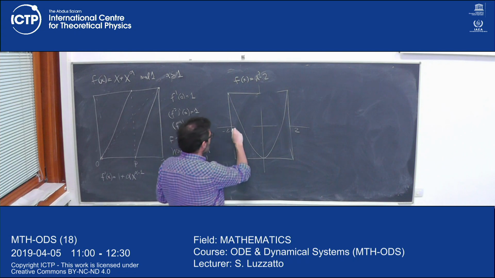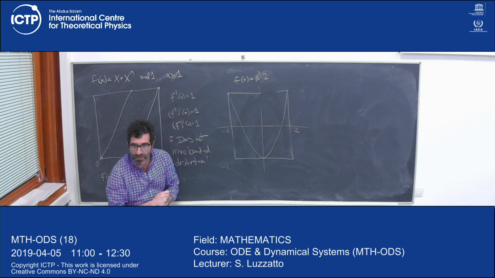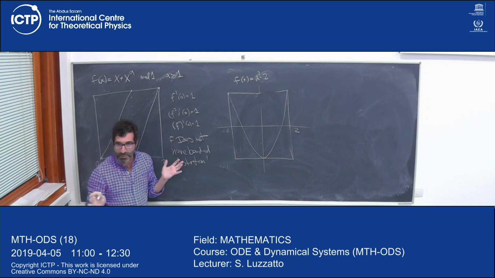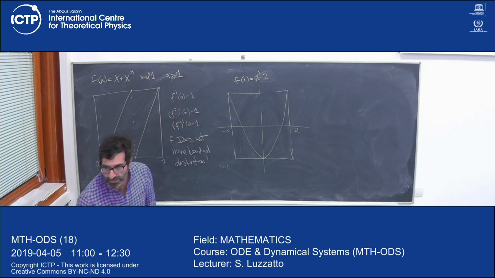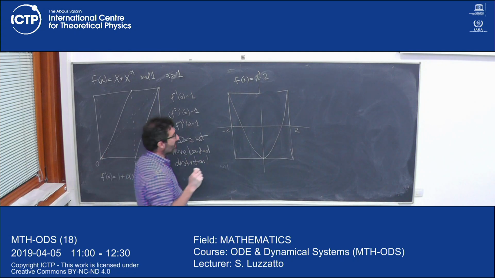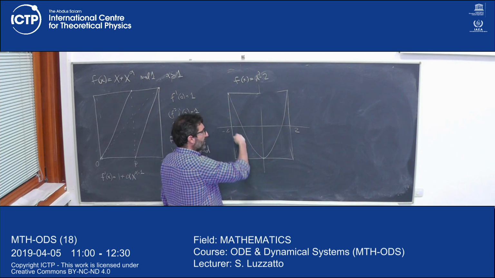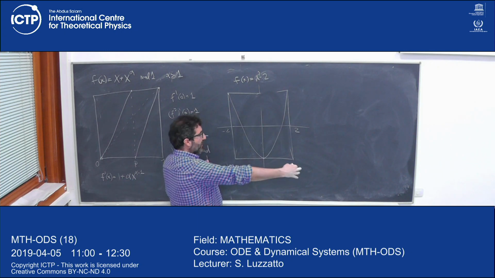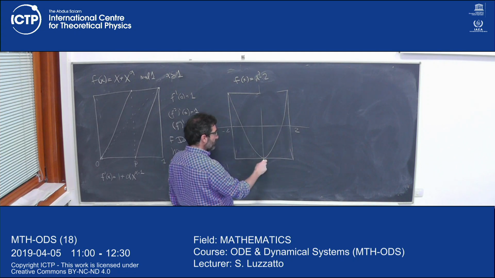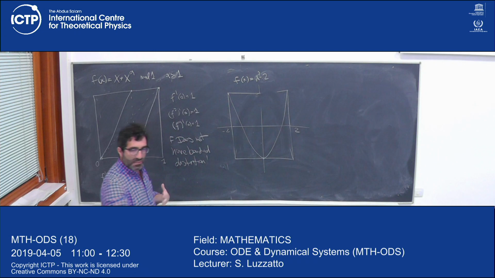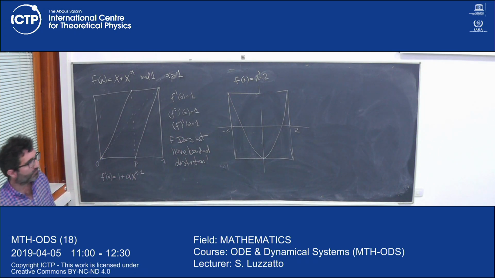And in this particular map, I pointed out that this is also full branch, but it is not uniformly expanding, because there is a point where the derivative is 0. For every pre-image of this point, if you look at the derivative along the orbit, at some point it might hit 0, and therefore the derivative will be 0. It cannot be uniformly expanding for all points.